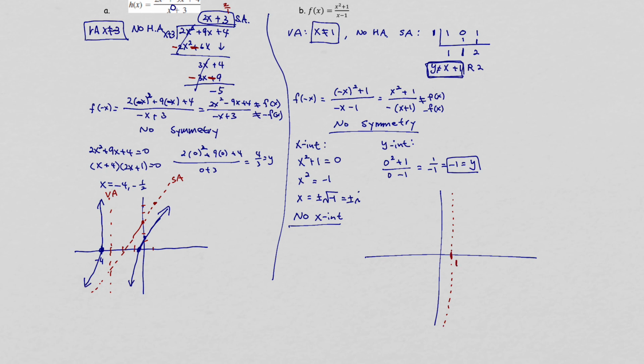And then your slant asymptote will be the line x plus 1, right? The slope here, having 1 in front of x, will be 1 over 1. So from the y-intercept, you go up 1 and move right 1. So it will be that point right there. So draw the line that passes those 2 points and that will be your slant asymptote.